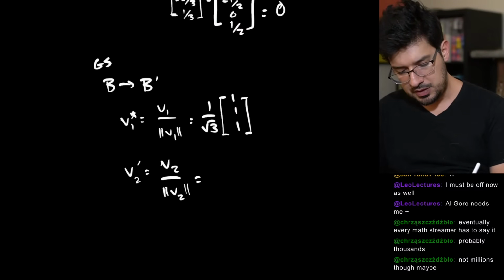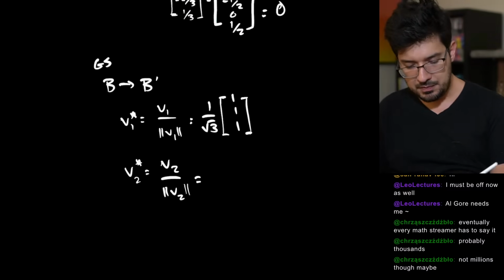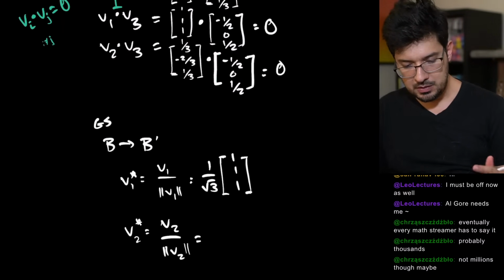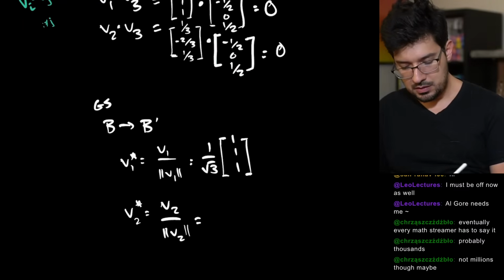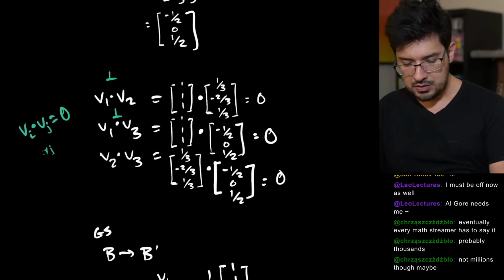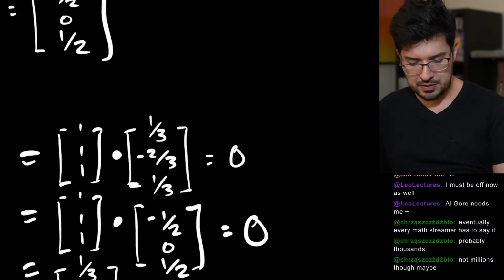I probably should do like a star or something, not a prime. V2. I chose 1/3, negative 2/3, 1/3.